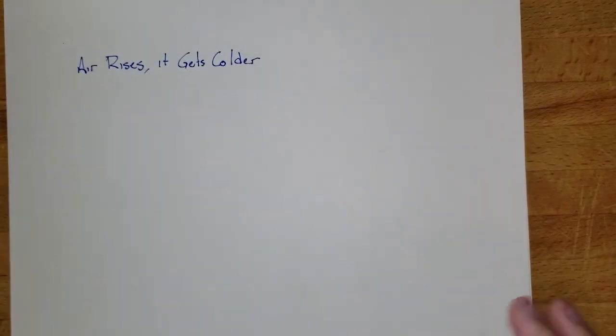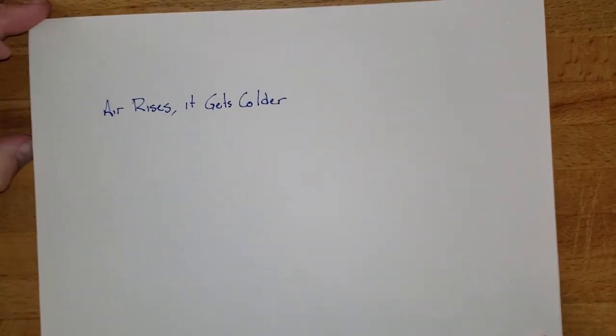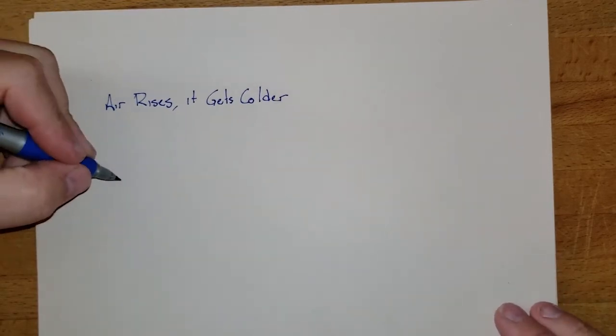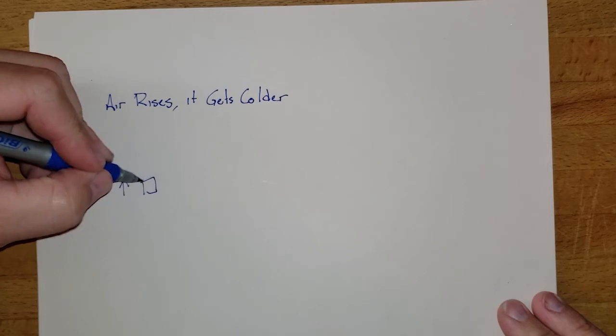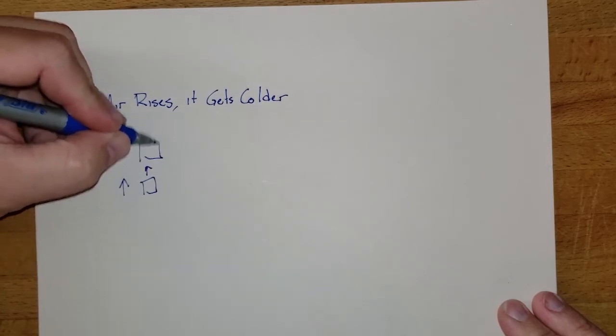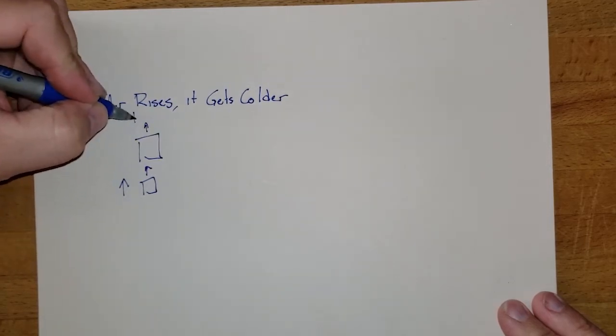We know that as air rises, it gets colder. We talked about this in a previous presentation, in that as an air parcel goes up, it has room to expand and goes higher and higher.